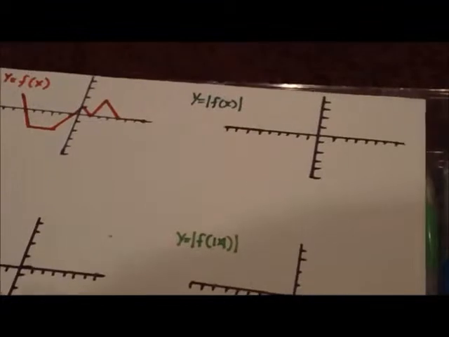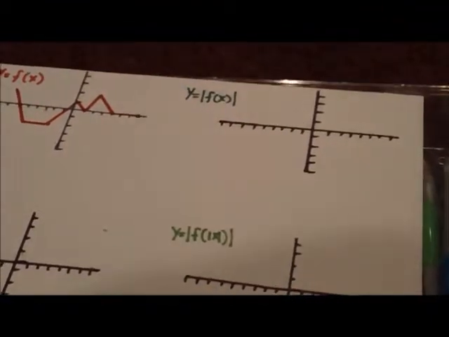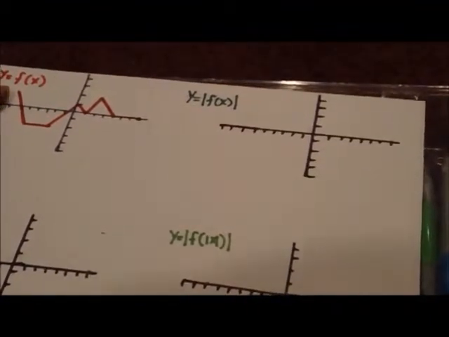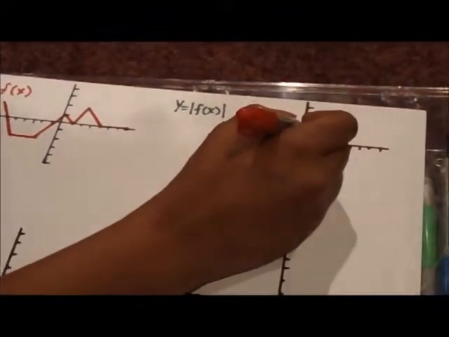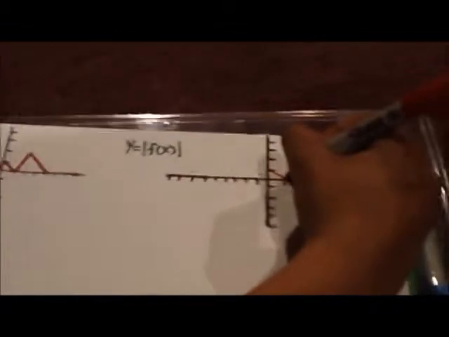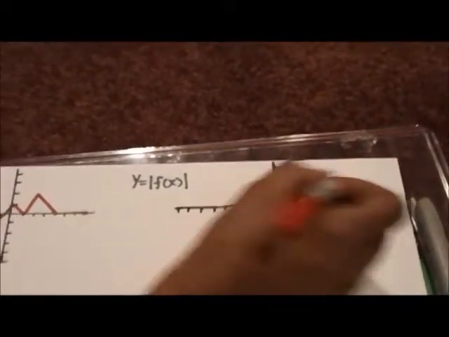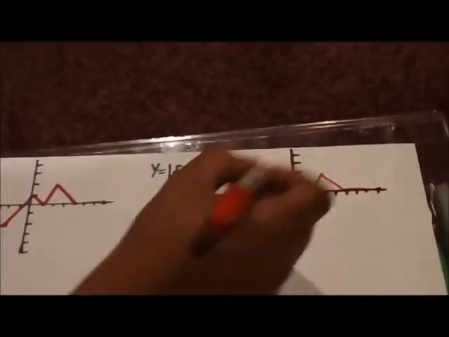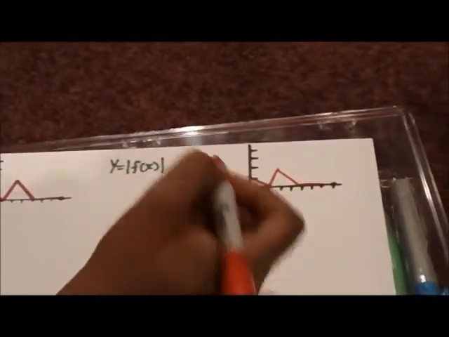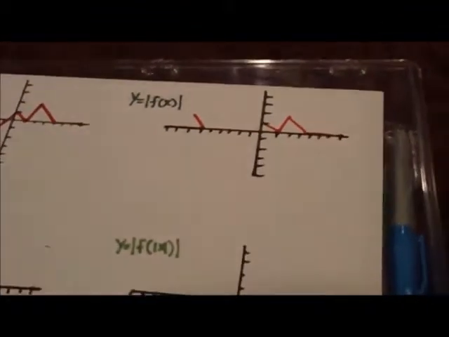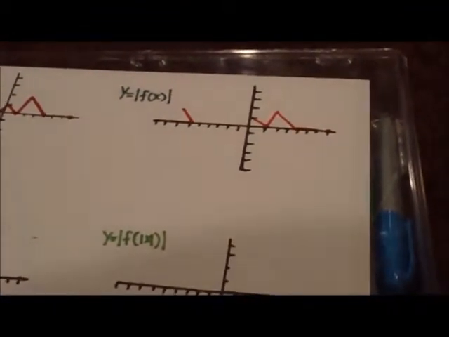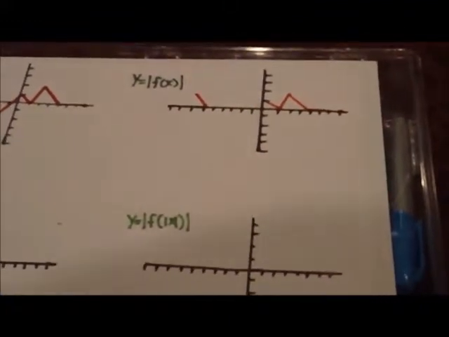Begin drawing this graph by first drawing all y values which are already positive on the original graph. Now that we have drawn all y values that are originally positive on the graph, we must make all other y values positive.